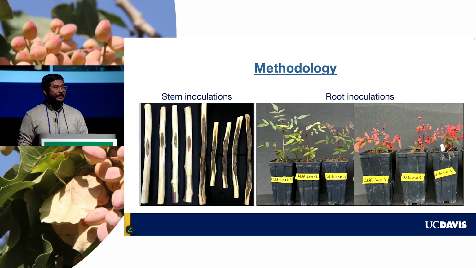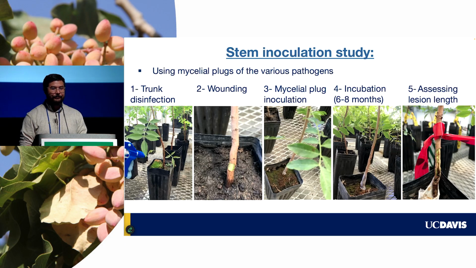The way that we assessed their susceptibility was using 2 methodologies. One was the stem inoculations, and the other was root inoculations. Very quickly, for these stem inoculations, we'll wound the pistachio plant, and then put a mycelial plug with the various Phytophthora species, allow them to incubate, and then measure the lesion length afterwards.